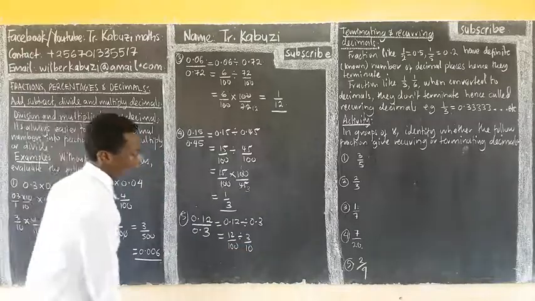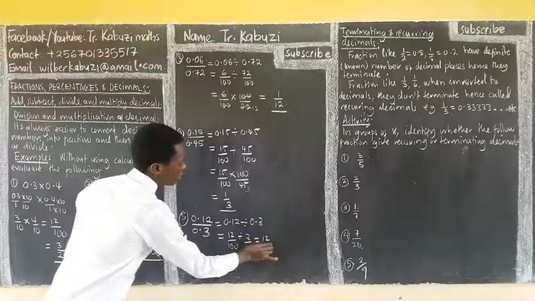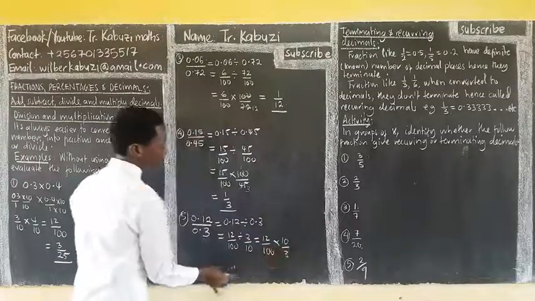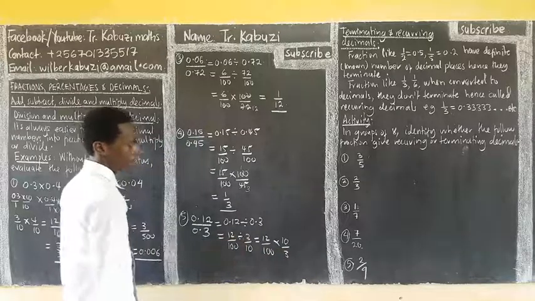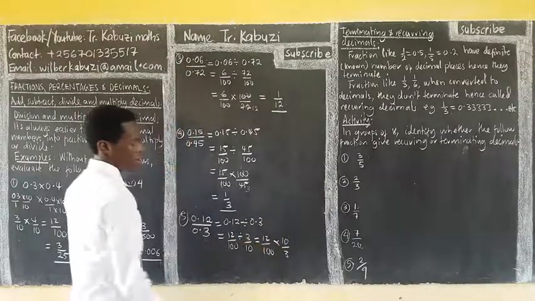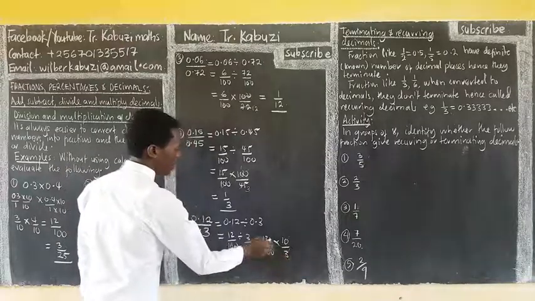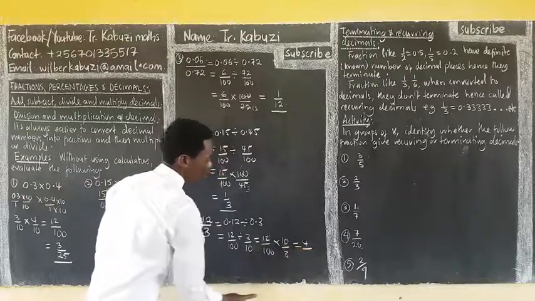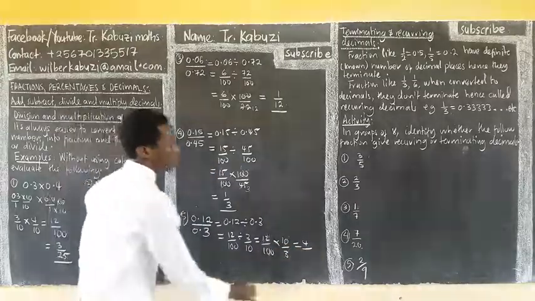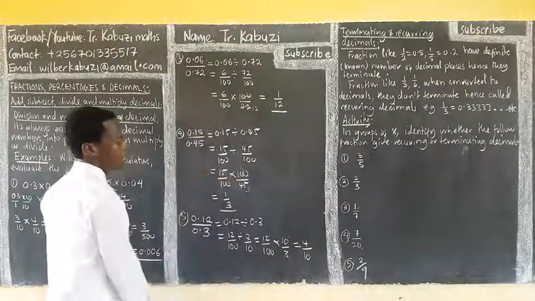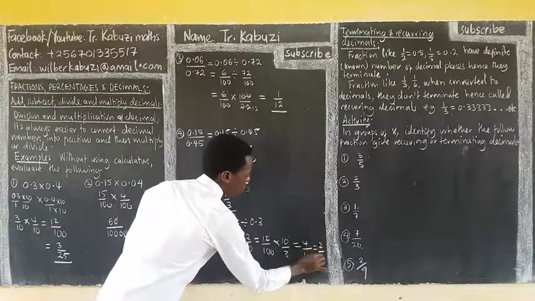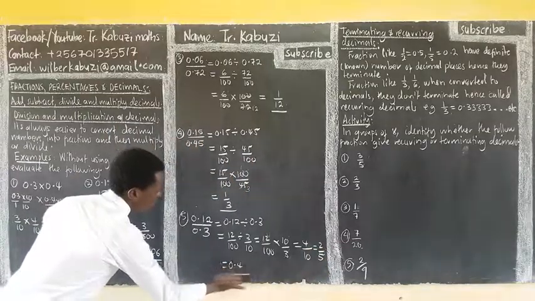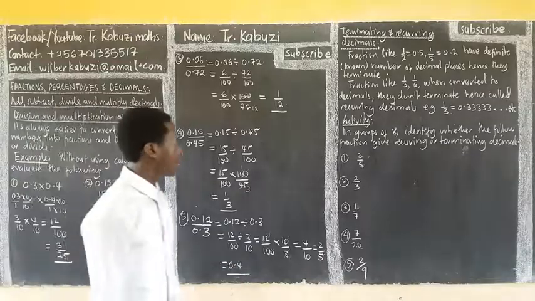Then after we get the reciprocal, this will be 12 over 100, then times 10 over 3. Then this one goes down and this one comes up. By 3, we have 4 up, then 10 down, which you can divide by 2, giving 2 over 5, which is 0.4. As you can check this. And then we are done.